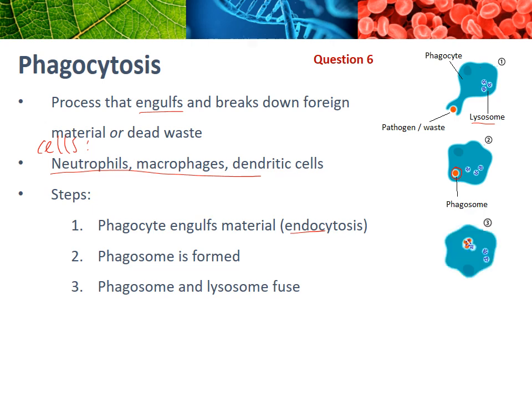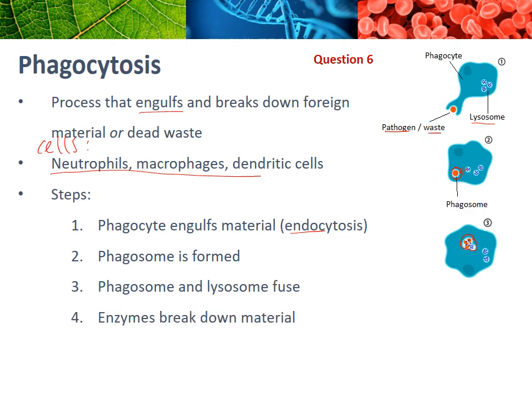Now that phagosome will actually fuse with a lysosome. The lysosome is also kind of like a vesicle, so they will fuse together, and what you're getting now is the enzymes that are in that lysosome mixing with the material inside the phagosome, which is either a pathogen or a bit of waste.